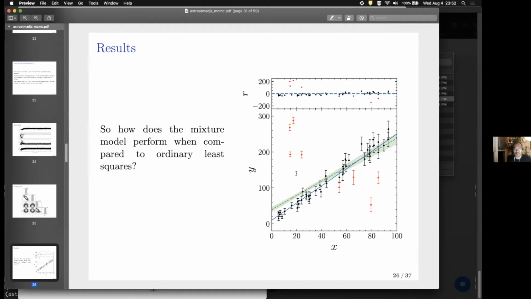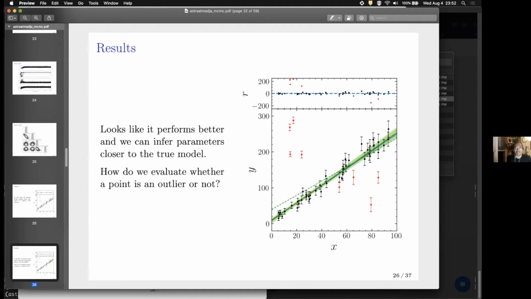So that's why it gets skewed towards this. This is the true line, the solid blue line. And now this is our estimate using the outlier model. As you can see, this is better than when we ignore them.